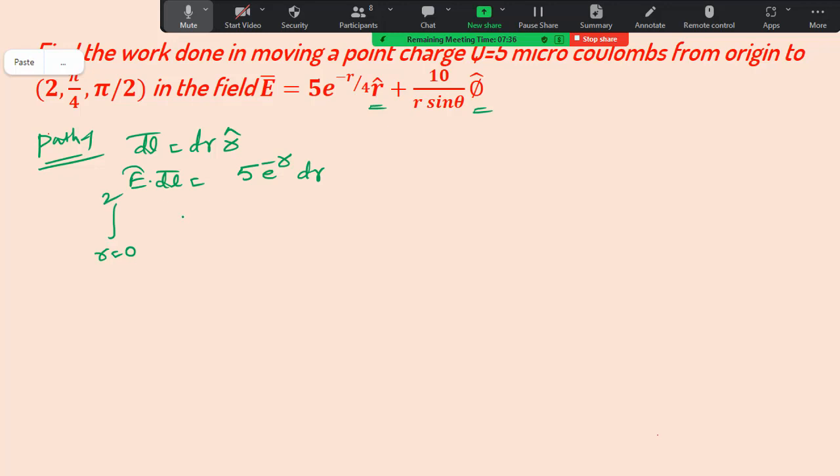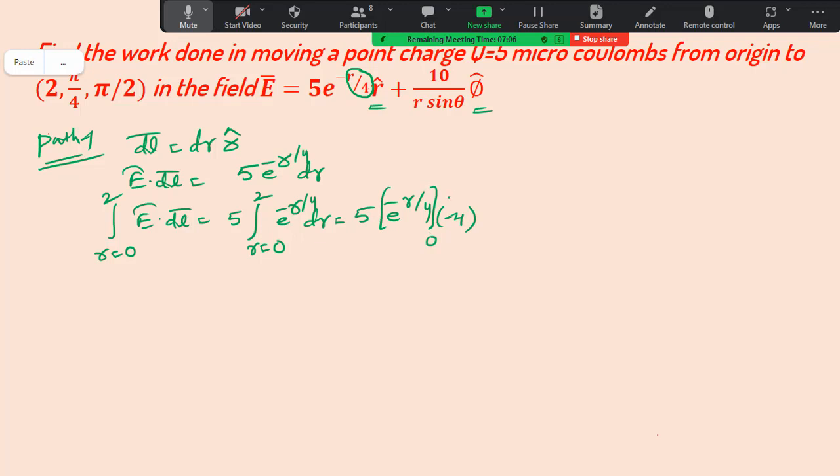So the integral of E bar dot dl bar is 5 times the integral from 0 to 2 of e power minus R dr. So it is 5 times e power minus R by minus 1, and the limits are 0 to 2. So it is equal to minus 5 times of e power minus 2 minus 1.